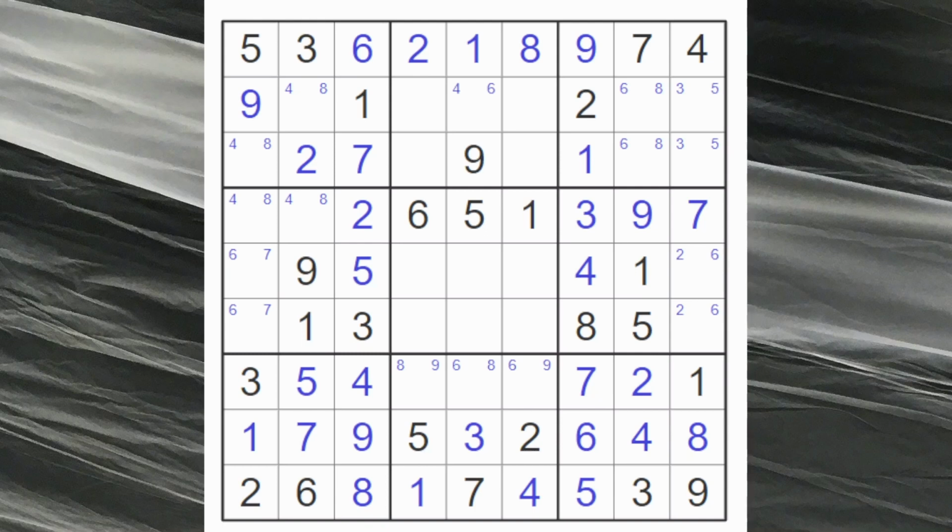We need a 2, 3, 6, 7, 8. 2, 6, no. 3, 7, 2, 8. No, we can't do anything here. So let's look at these two squares. We need to find a 3, 4, 5, 6, 8 for this row. We got 5, 6, 8 here. So this is a 3, 4. And that's it, I think.